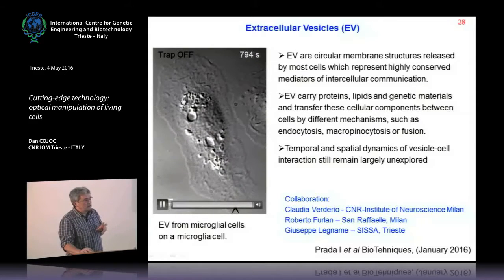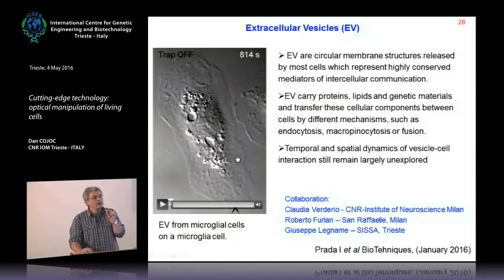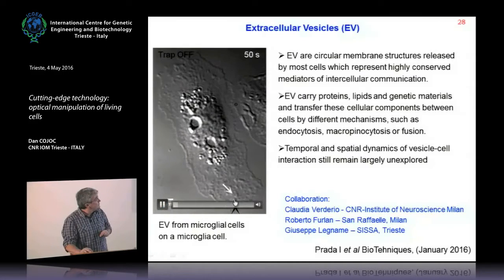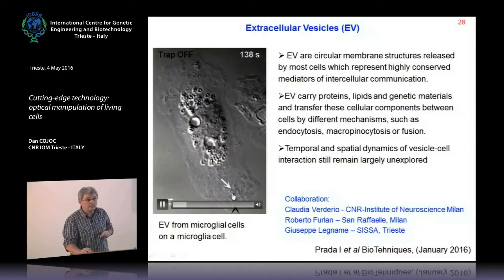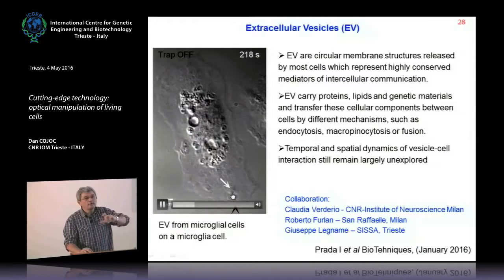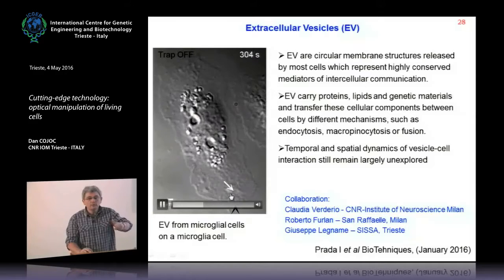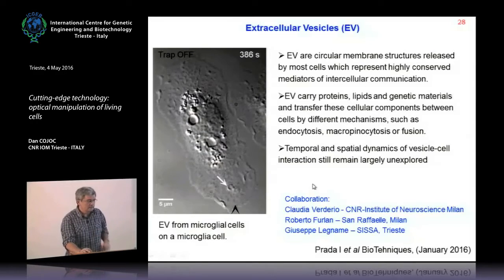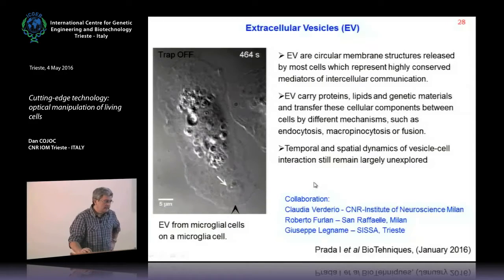Here the goal was to see if we have adhesion of extracellular vesicles obtained from glial cells on astrocytes and microglia. In the movie you see that we place the vesicle on the cell, then we switch off the laser and we look at what happens with the vesicle.